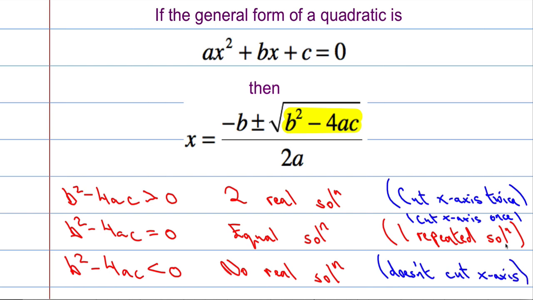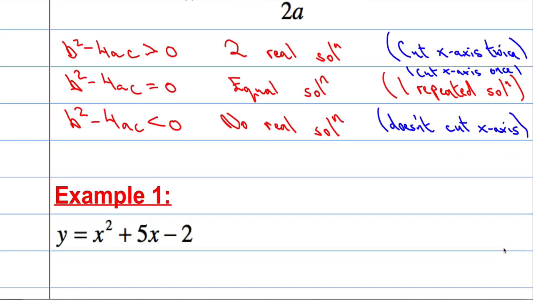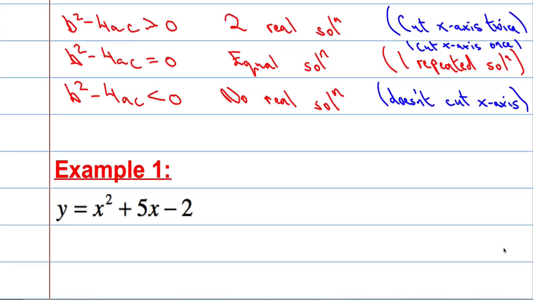Okay, so let's have a look at a few examples to see how this works. So suppose I have this quadratic here: y equals x squared plus 5x minus 2, and I want to work out how many solutions it has. First thing I'm going to do is work out what a, b and c are. a equals 1, b equals 5 and c equals negative 2.